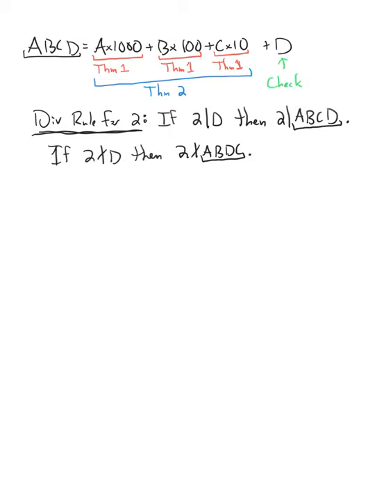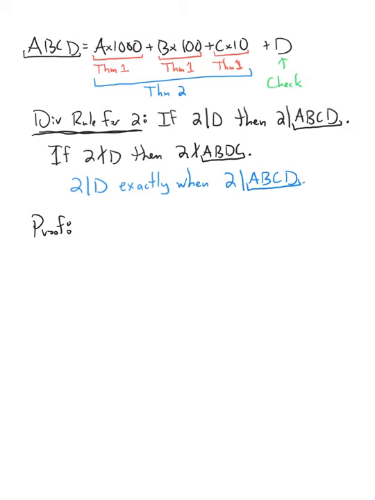So we can rewrite this if you like with the following sentence. 2 is a factor of D exactly when 2 is a factor of the entire number. So this covers all scenarios. Now let's go ahead and write up a proof for this. Okay, so let's go ahead and do it.